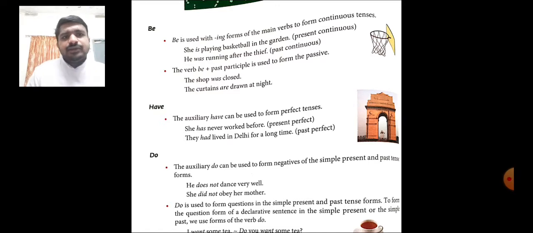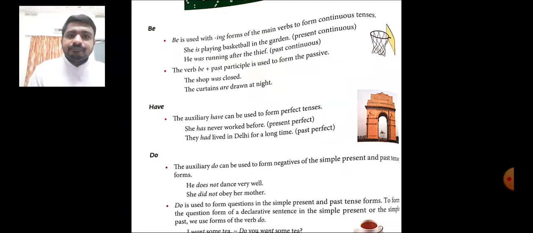Second, the verb be plus the past participle is used to form the passive. If you want to change sentences into passive, the form of be is important. The shop was closed. The curtains are drawn at night. So these are the two uses of the forms of be.